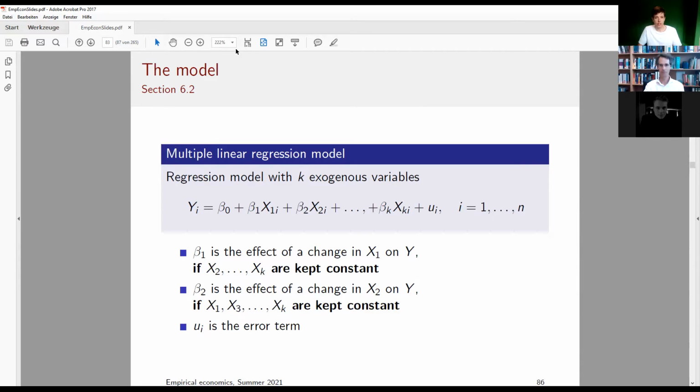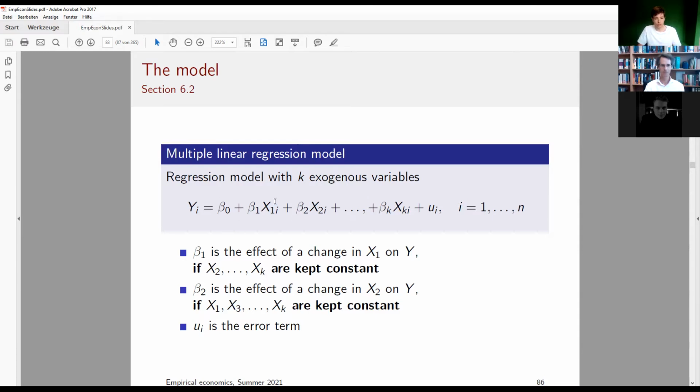Luckily, it's very simple to do so by just adding these other variables we might be interested in into our model. We end up with a linear regression model, but now not with a single regressor, but with multiple regressors, and we call that the multiple linear regression model. In our notation here, we have small k exogenous variables, so small k regressors.